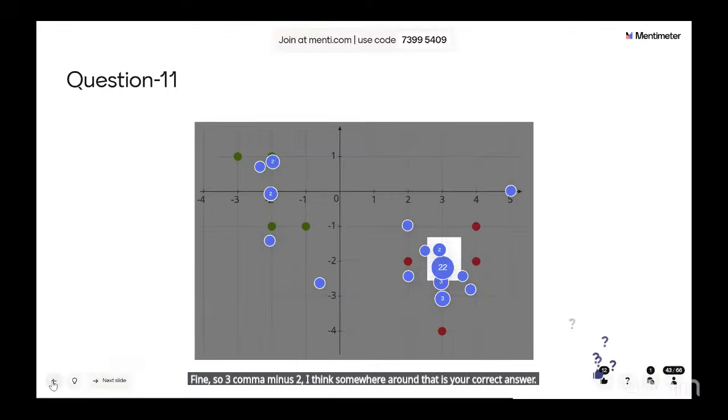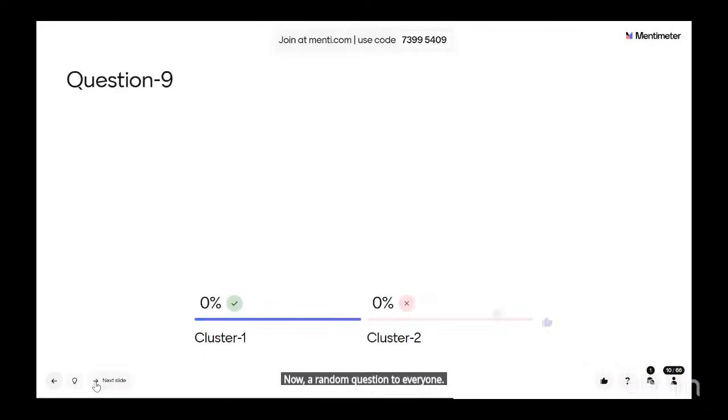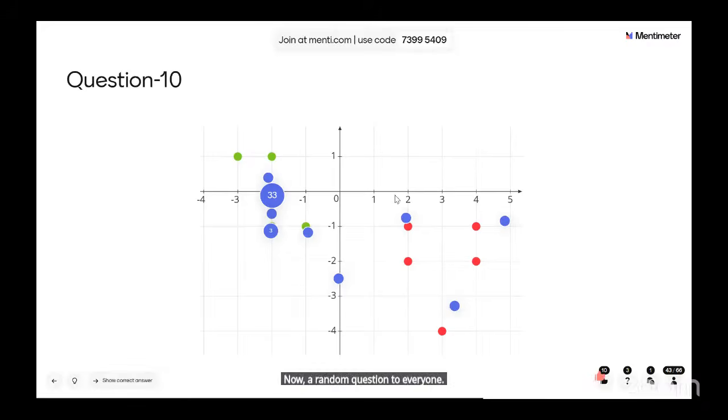Now a random question to everyone. Suppose my test point is 5 comma 5. Can you tell me which cluster this point will belong to? 5 comma 5.